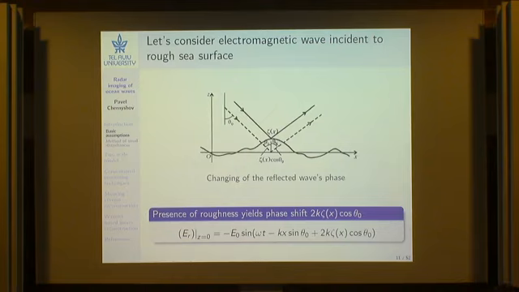This line is how it would be if we took specular reflection, and this is the track if we actually reflect from the wave itself. So this difference is psi of x cosine theta 0, and it goes to the reflected field.